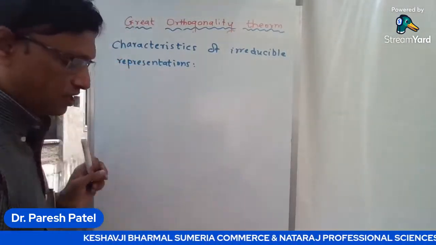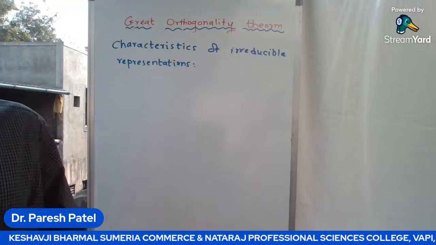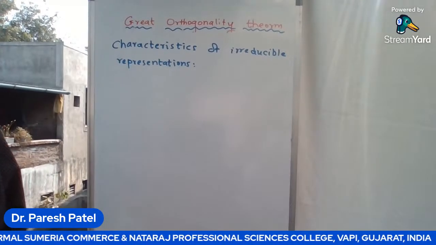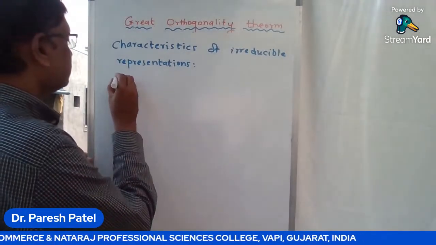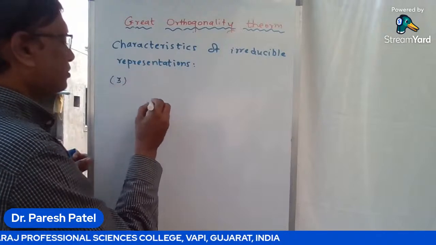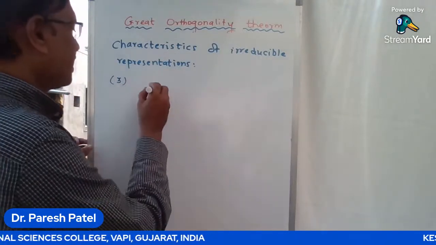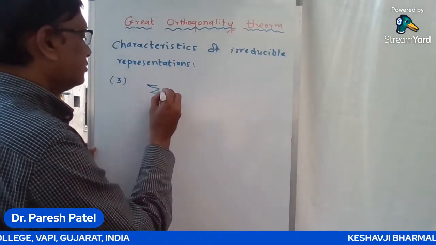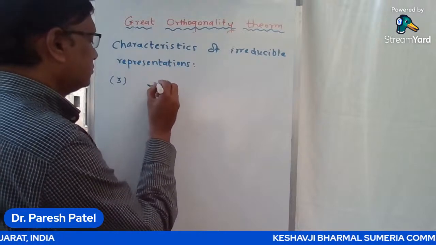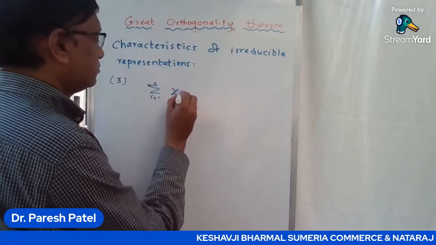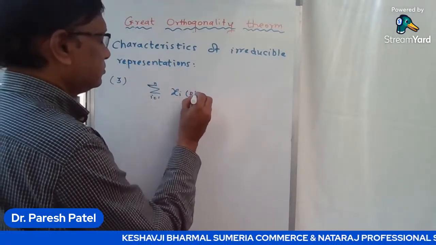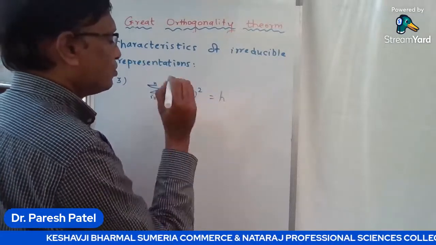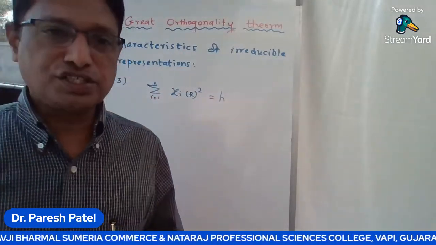Third property or third characteristic of the irreducible representations: the sum of the square of the character is equal to the order of a group. What is characteristic number 3?